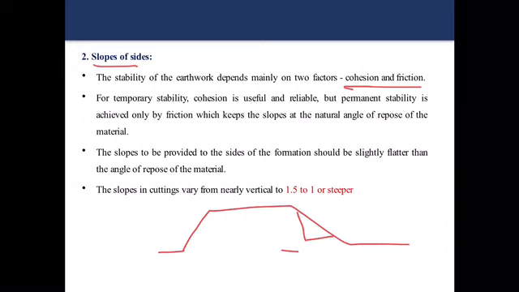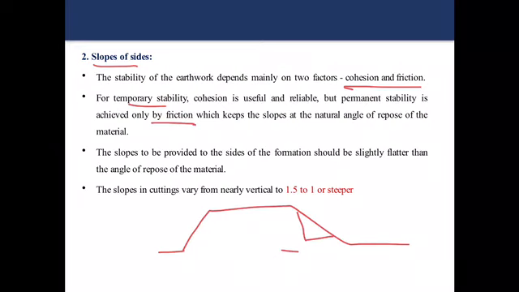For the temporary stability of any slope, only the cohesion is reliable. But for the permanent stability of any slope, we have to consider friction, which keeps the slope at the natural angle of repose of the material, so that your slope will not fail because of lack of friction.